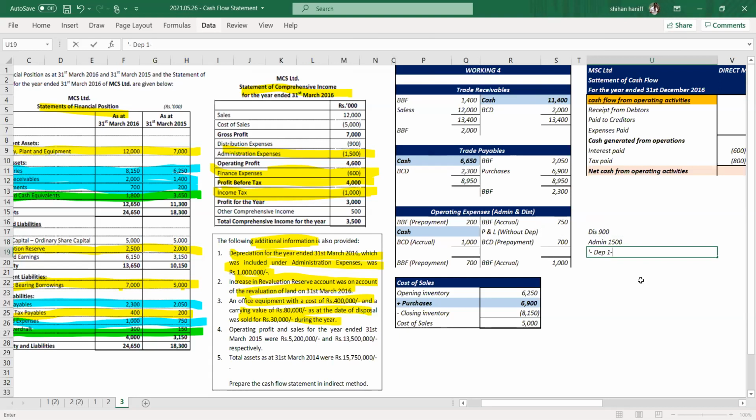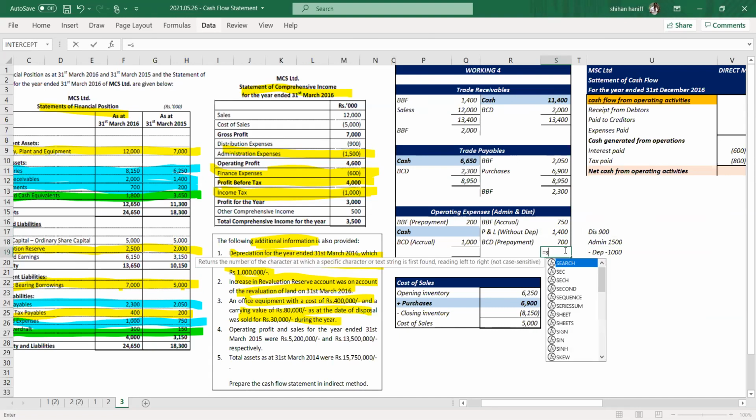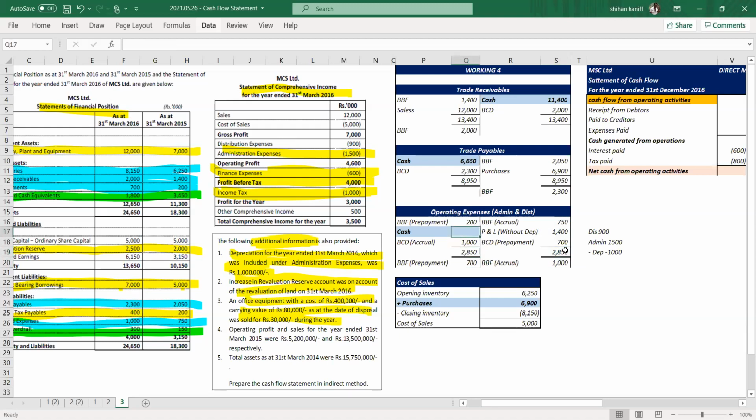So 900 plus 1,400. Since depreciation is not a cash payment, we deduct.